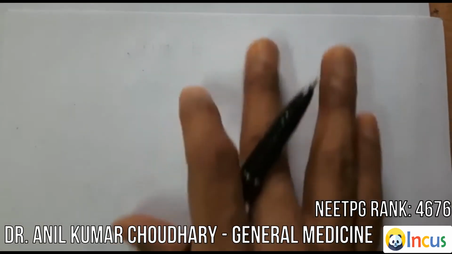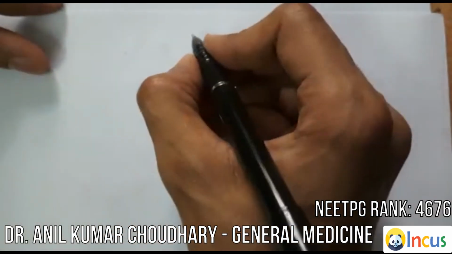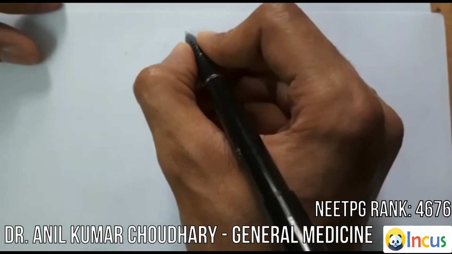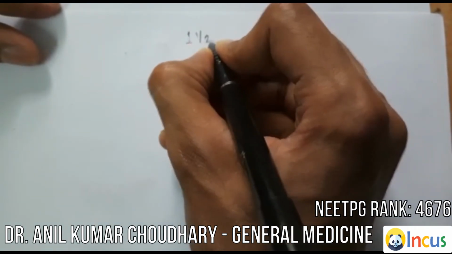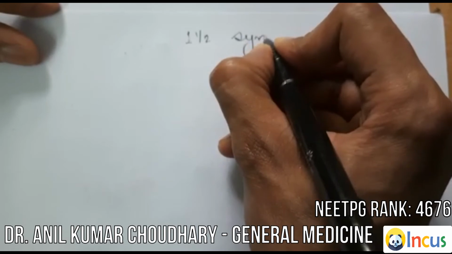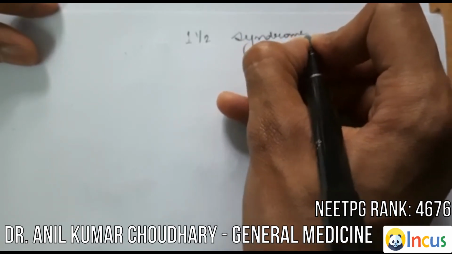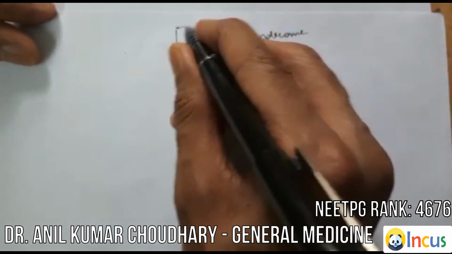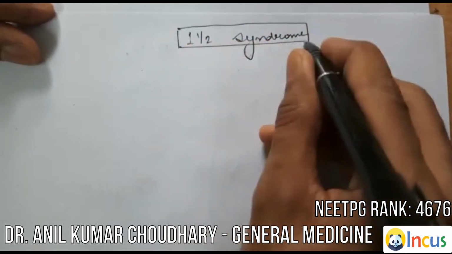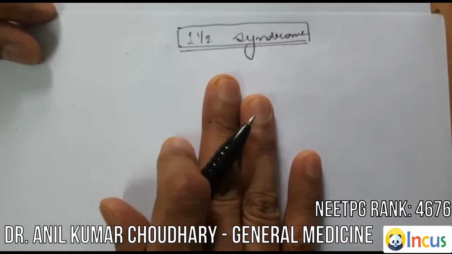Now we will discuss some interesting diseases with respect to this physiology and pathology. The first is 1.5 syndrome. We must all have heard about this syndrome in our neurology lectures as well as in our ophthalmology lectures. So what is 1.5 syndrome? Let us see.